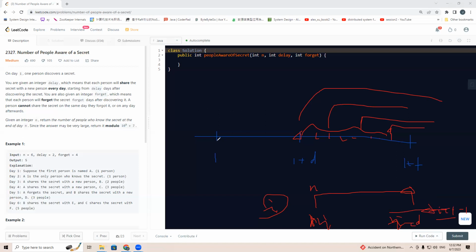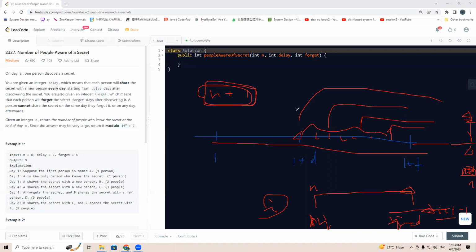So if there are n people, we also generate n in this range. What we are going to do is iterate from left to right with an array of size n plus 1. So we can get, on day n, how many people can be passed to this state, that is, the newly generated people.